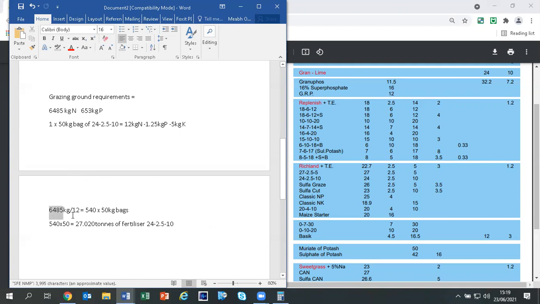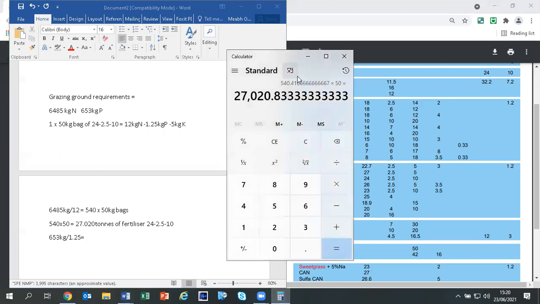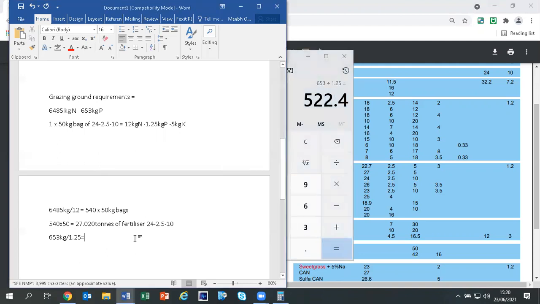The exact same process as what we have done here, but with our phosphorus figures. We take 653 kgs of phosphorus, divide it by 1.25. Get our calculator. 653 divided by 1.25 equals 522 50-kilo bags.